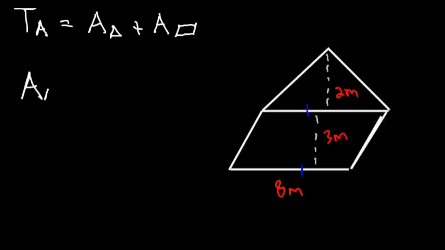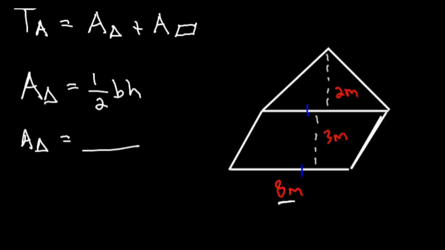Now the area of a triangle, we already know, is half of base times height.